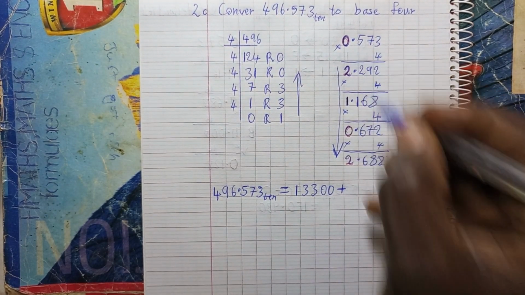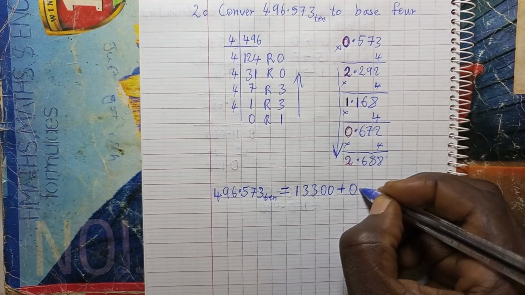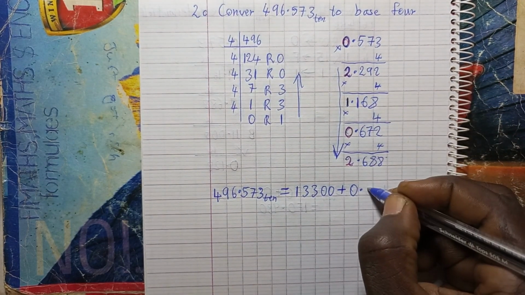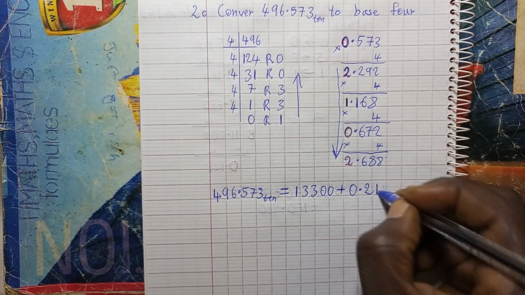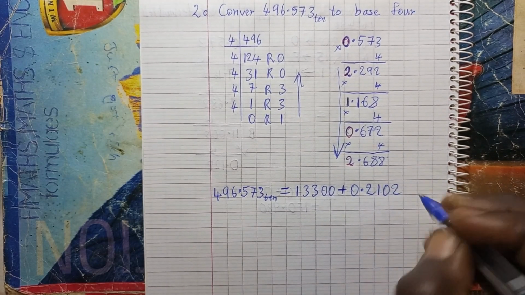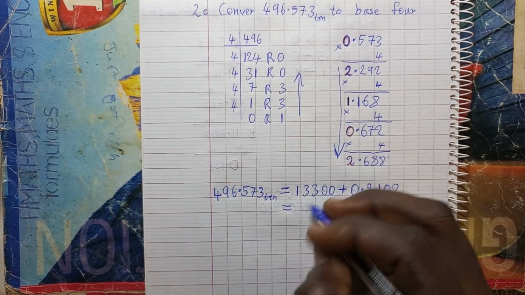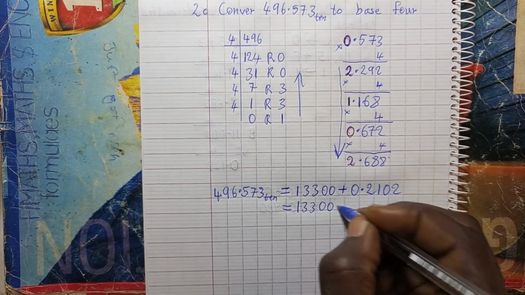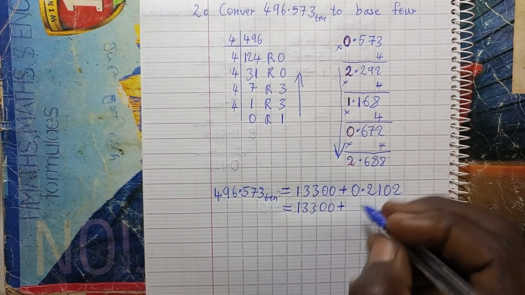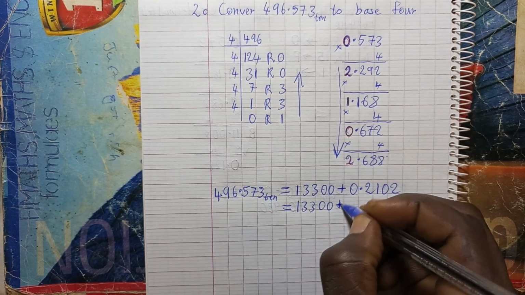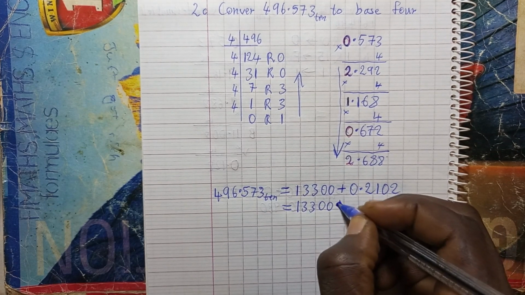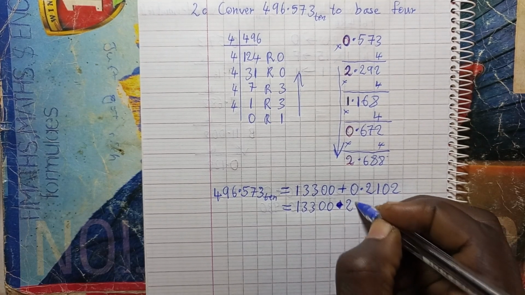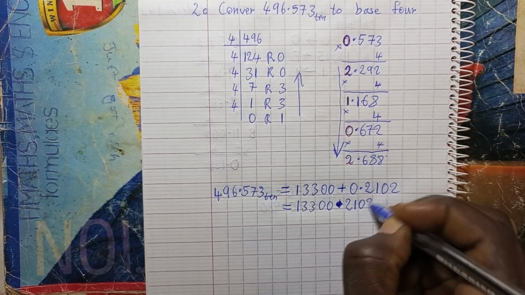So we have 13300 then the decimal part 0.2102. There's no need for plus, that is a decimal point now. 133.0210 2.